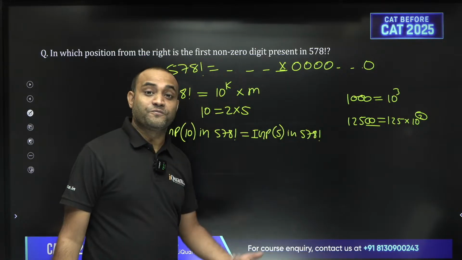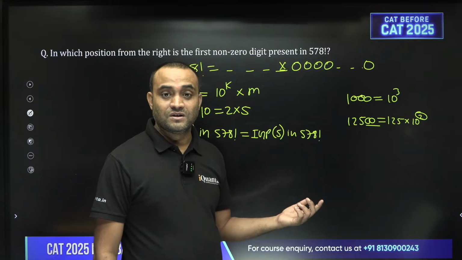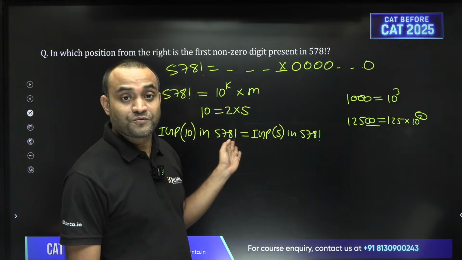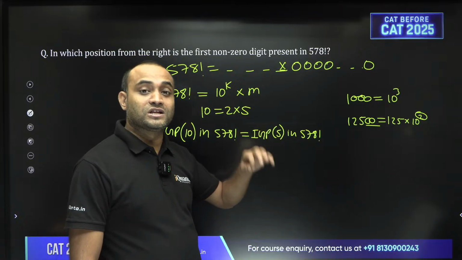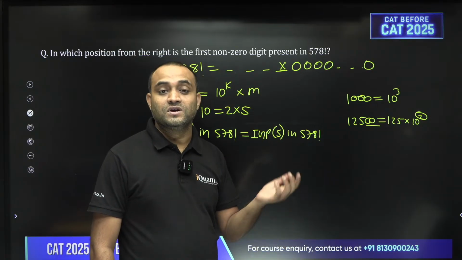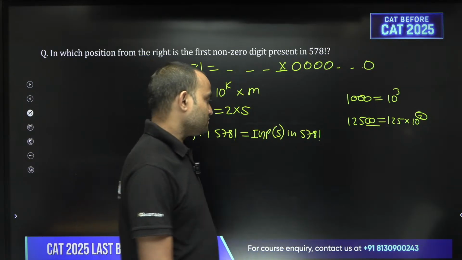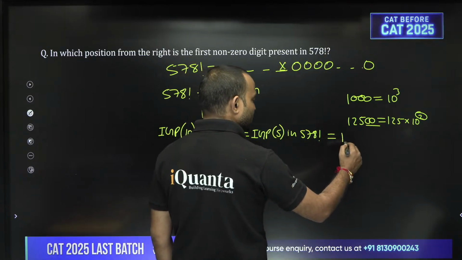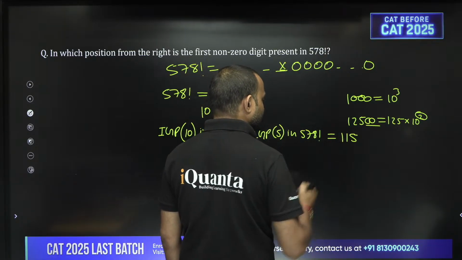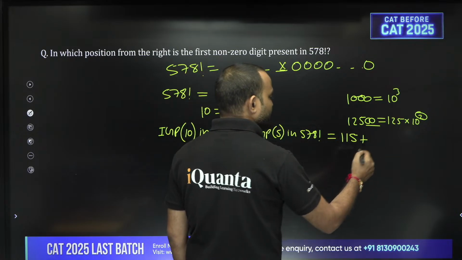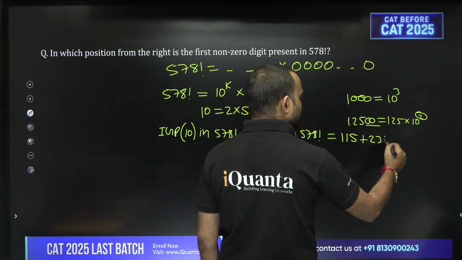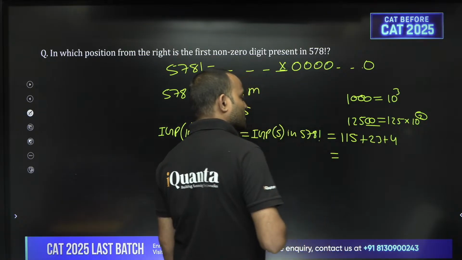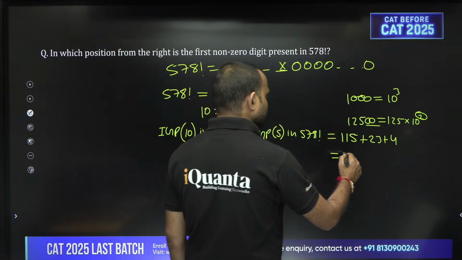Why? Because there will be lots of 2's here as well, and all the 2's multiplied with all the 5's will give us the 10. This will be equal to 578 by 5 is 115, then 115 by 5 is 23, 23 by 5 is 4. So that is equal to 127, 142.